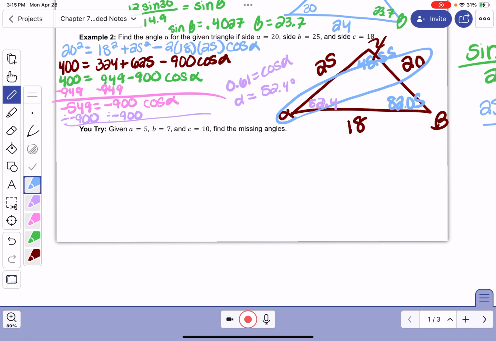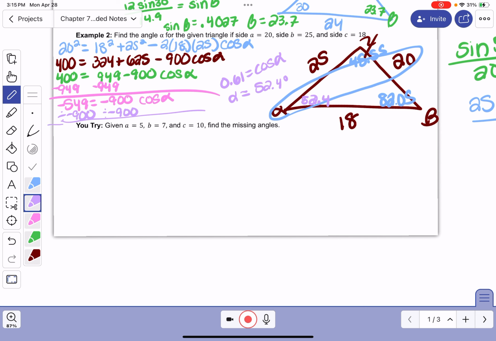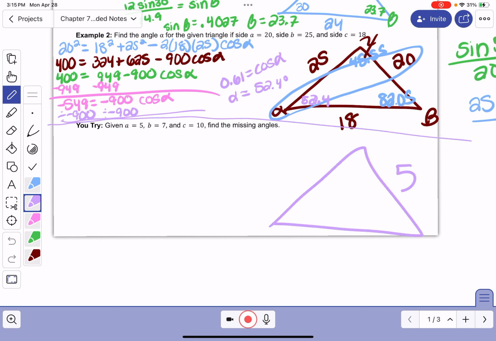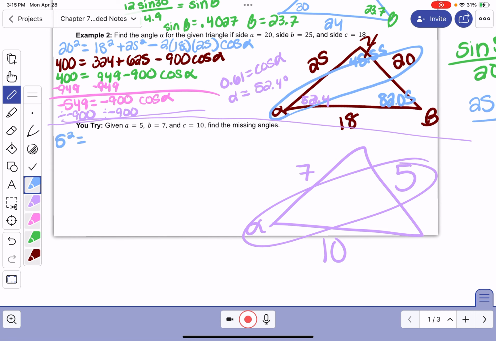All right, so you try the last one on here. ABC, so 5, 7, 10, find the missing angles. Does not matter which one you start with, so I'm just going to start with this. So 5 squared equals 7 squared plus 10 squared minus 2 times 7 times 10 times cosine alpha. Get rid of my squareds and my parentheses.